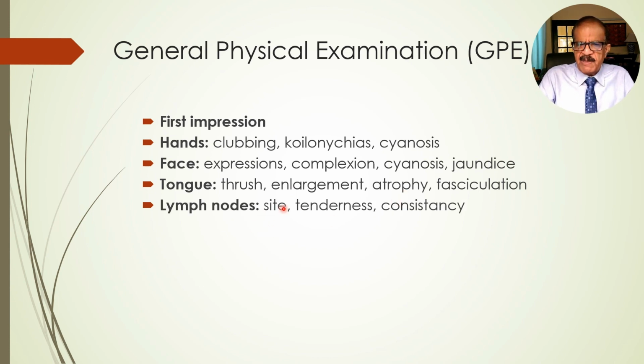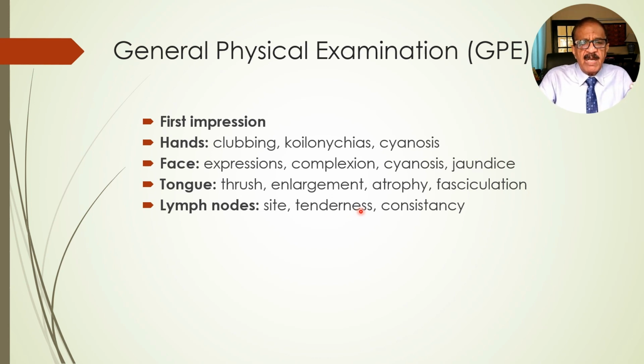Then lymph nodes, especially the neck. You examine jugulodigastric lymph nodes, cervical lymph nodes, supraclavicular nodes, axillary nodes, inguinal nodes, and all the lymph nodes which are normally palpable. They should be examined. Normally lymph nodes may be palpable in certain areas, like in the axilla and in the inguinal region.